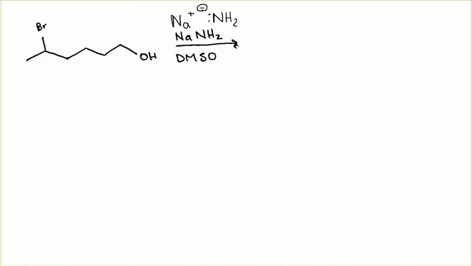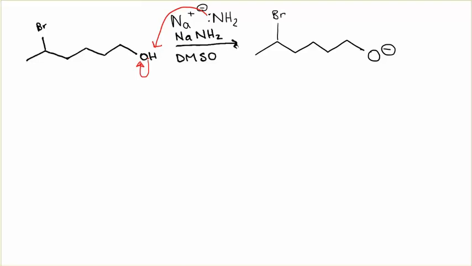So we're putting our alcohol in the presence of a really, really strong base. That means that the alcohol is going to get deprotonated. The base pulls off the proton. The electrons that were there between the oxygen and the hydrogen get localized on the oxygen. This turns this into an alkoxide. Alcohols react with strong bases to become alkoxides.